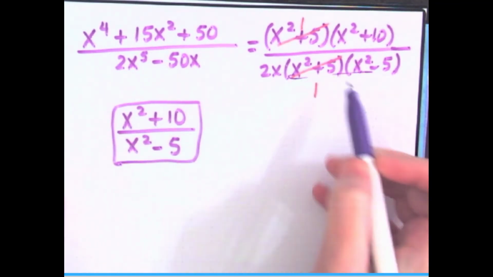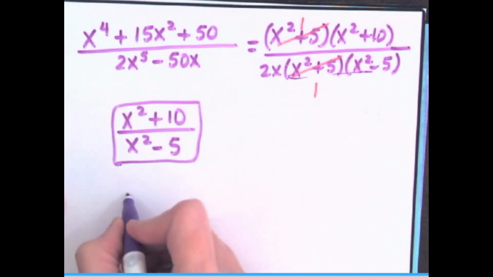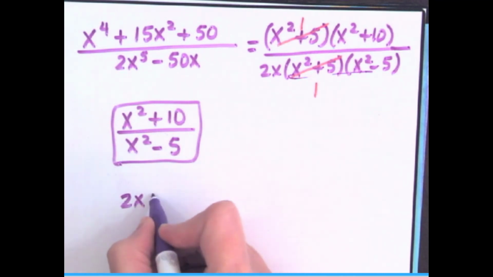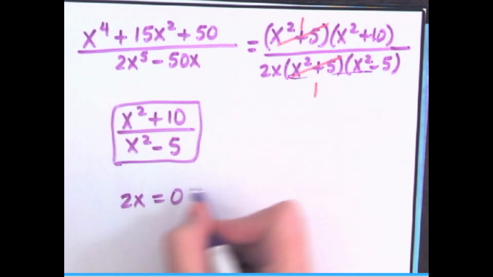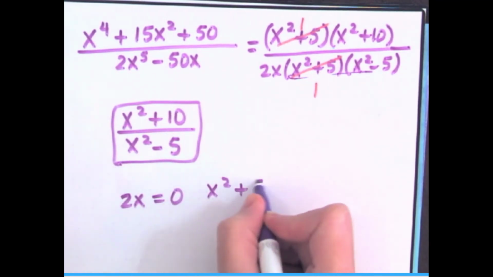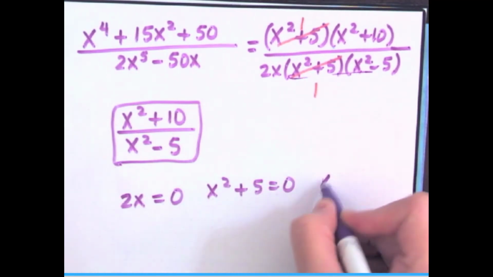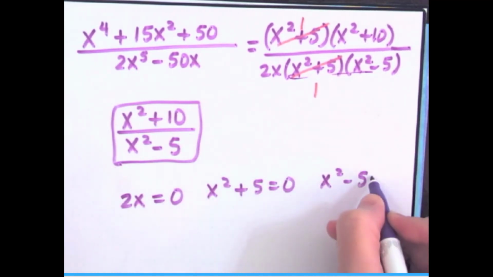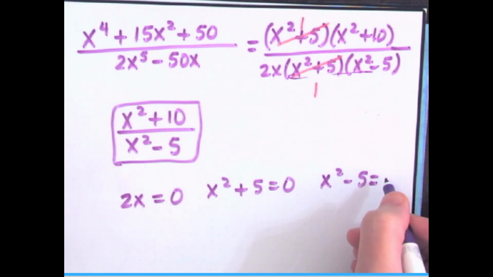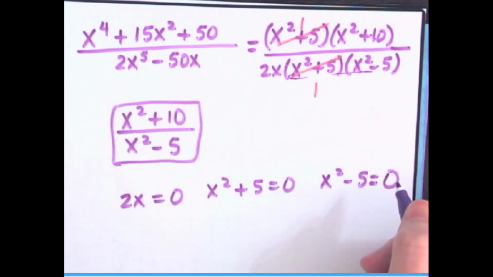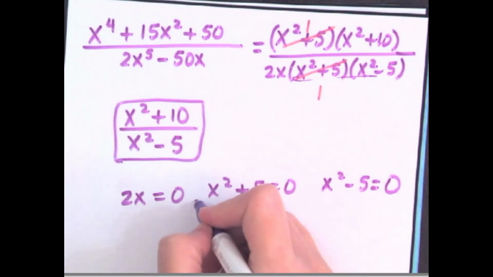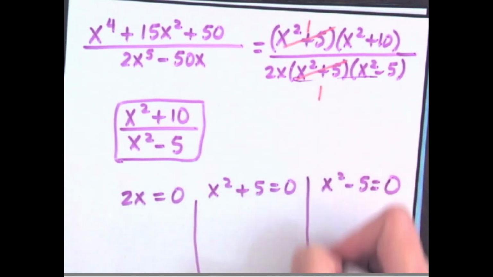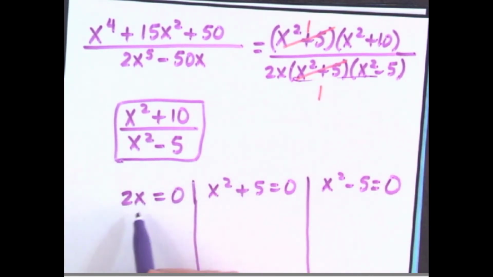We need to think about domain, so we're going to set that whole denominator equal to 0, each factor equal to 0. So we have 3 equations that we need to solve. For the first one, we'll divide both sides by 2 and get x equal to 0.